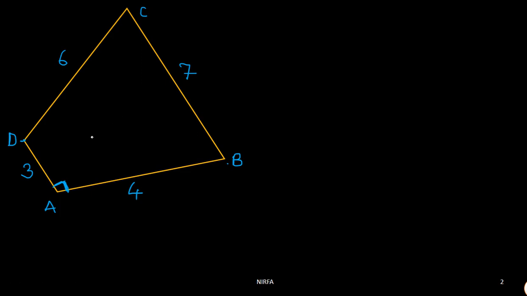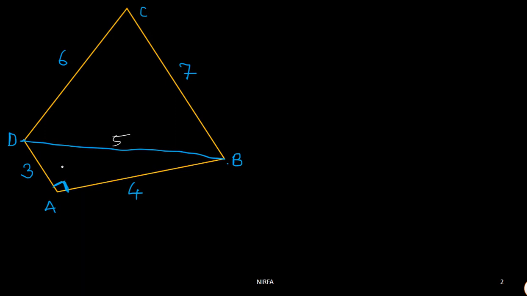Therefore we can easily find the area of both triangles and then add them, and we will get the area of the quadrilateral. So for this purpose we are joining the diagonal DB, and triangle ABD will become a right angle triangle. So we can use the Pythagoras theorem here, and using it, the length of DB we will get as 5.